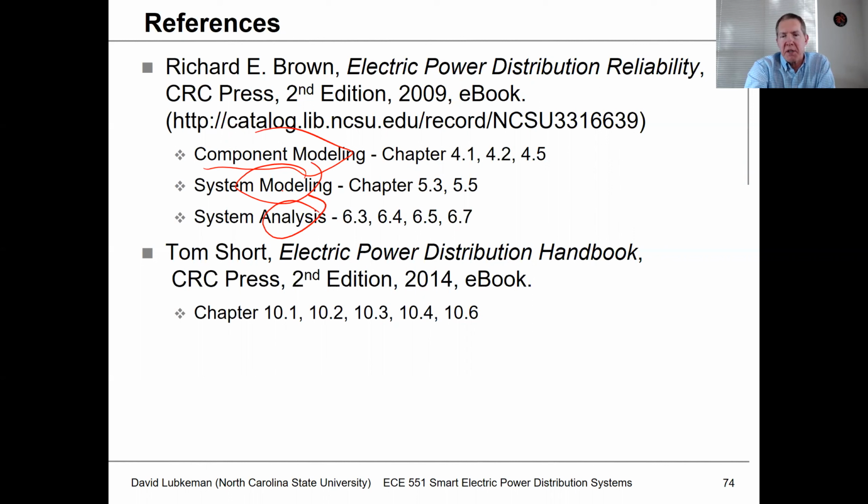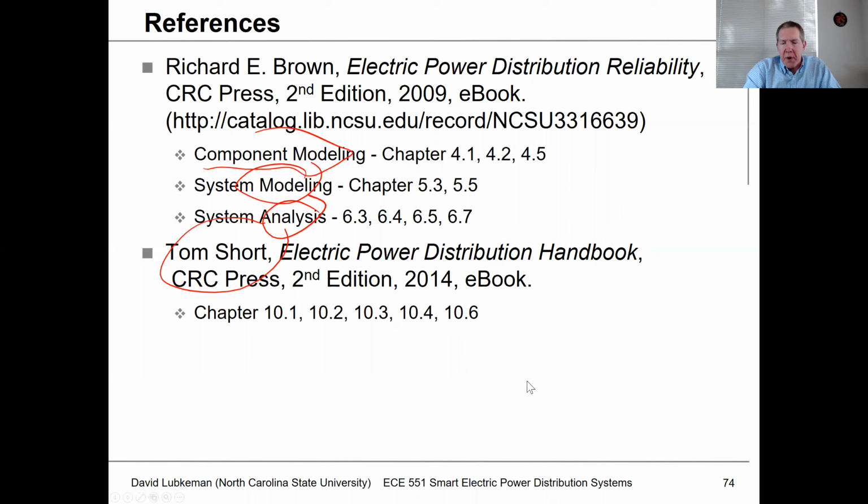Another book that talks about reliability in general, maybe not the analysis, but what drives it, is the book by Tom Short. When he was at Electric Power Research Institute, he was involved in a lot of different studies on reliability.